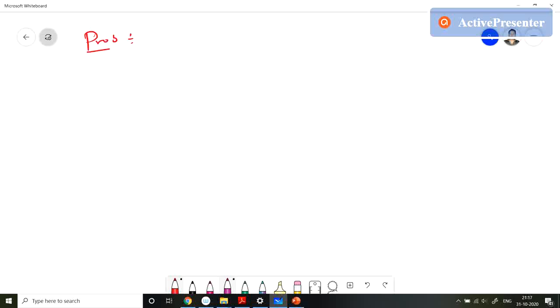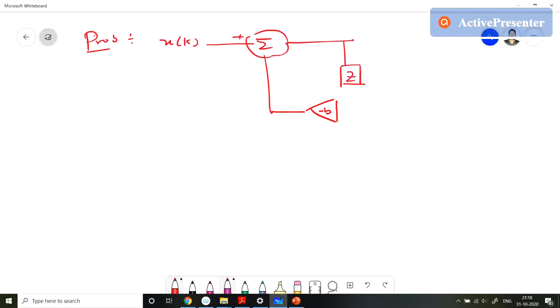Let us solve this problem. We have input x(k) applied to a summer. Let us draw this diagram. This is minus b, and there is a delay, z inverse, that is a unit delay.